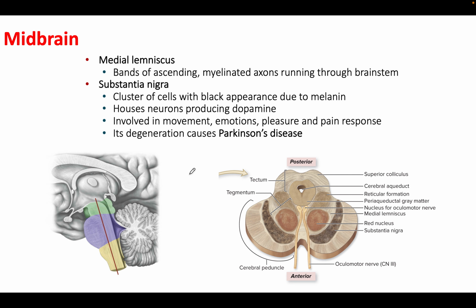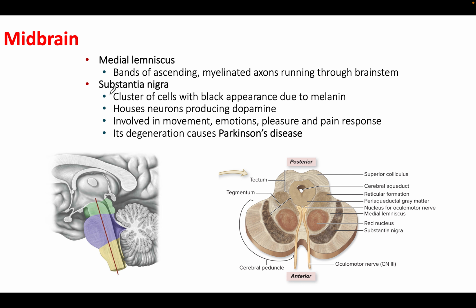Because it's ascending. It's going up in the spinal cord, up toward the brain, so that has to be sensory. So it contains ascending fibers that are coming from the periphery. They're coming from the lower limb, they're coming from the upper limb, and they're carrying with it pain information, temperature, touch, pressure, vibration, all these different things. Okay? So you can see this little section right down here, right in this area here.